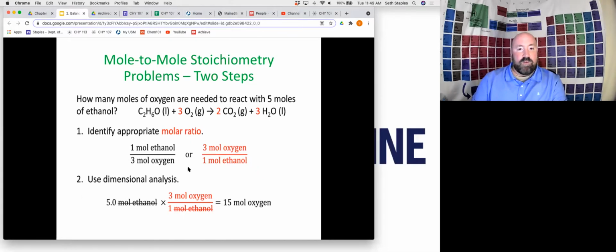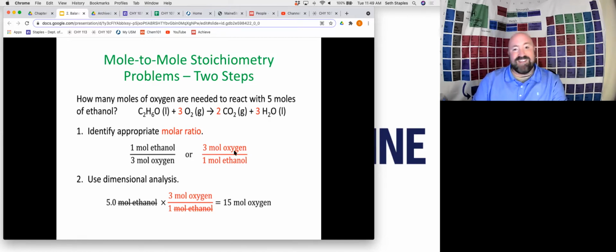Then again, we're going to look at our conversion factors here. We're going to treat our coefficients in front as nothing more than conversion factors between one and the other. And so we can either think of this as 1 mole of ethanol to 3 moles of oxygen, or 3 moles of oxygen to 1 mole of ethanol.